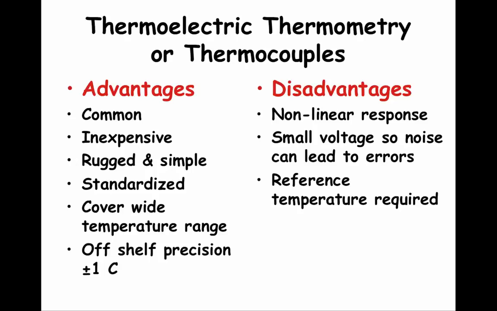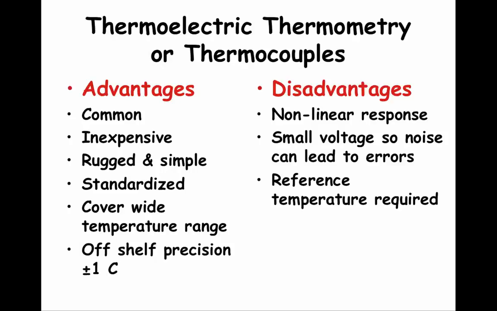Thermocouple dissimilar metal junctions generate a small voltage or electromotive force based on temperature. Unfortunately, the relation between the electromotive force and temperature is nonlinear. We generally prefer sensors that have linear relations between the input and the output, but thermocouples have nonlinear relations.